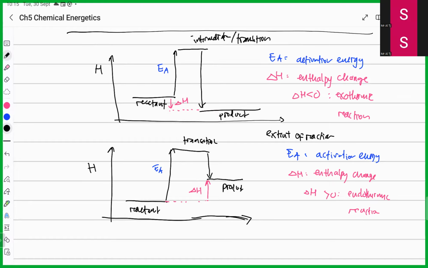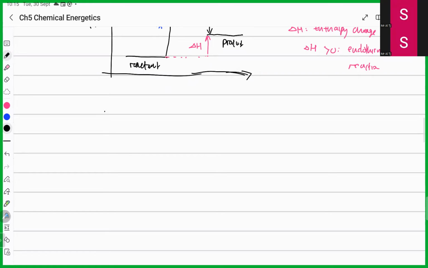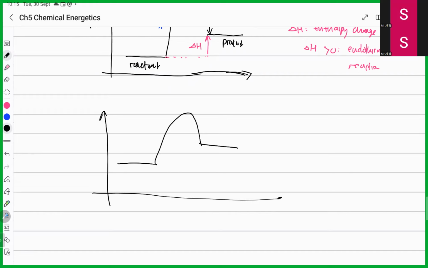In some other variations, it will be drawn as a graph instead of lines. So you may have something like this. If this is the case, then the maximum point is the transition. So the transition, instead of a line, is just the maximum point.